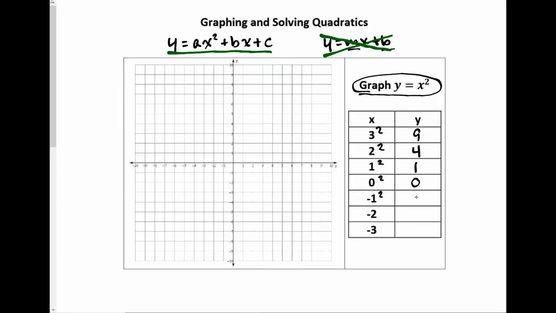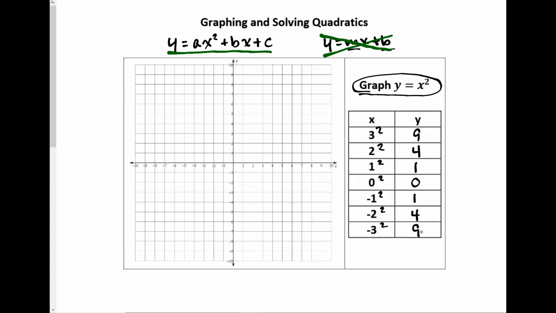Negative 1 squared is 1, because remember, a negative times a negative is a positive. Negative 2 squared is 4, and negative 3 squared is 9.